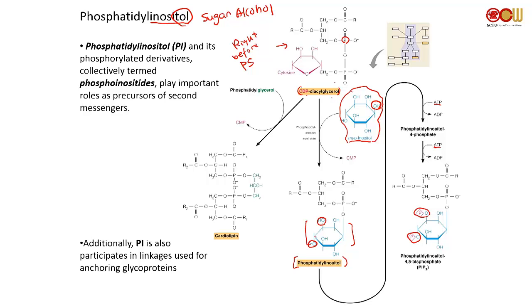Now, what's also important for us is that PI, this thing, is often participating in linkages used for glycoproteins. What does that mean? PI is a lipid, so it's going to be inside of the membrane.